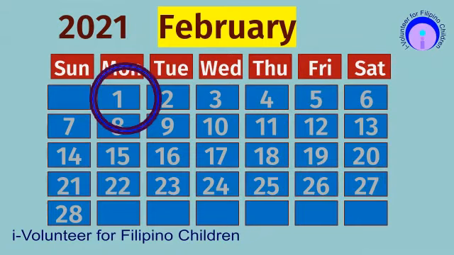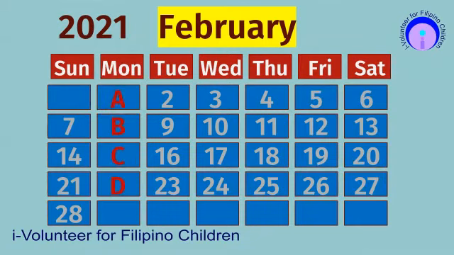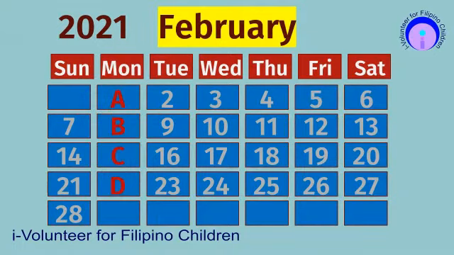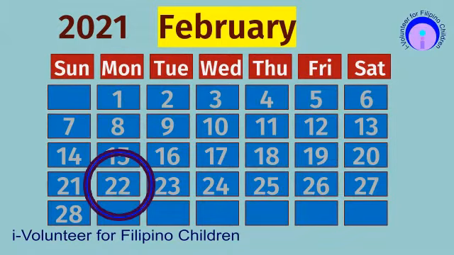For A, we have February 1, 2021. For letter B, we have February 8, 2021. For letter C, it's my birthday, February 15, 2021. And the last one is 15 plus 7 is equal to February 22.